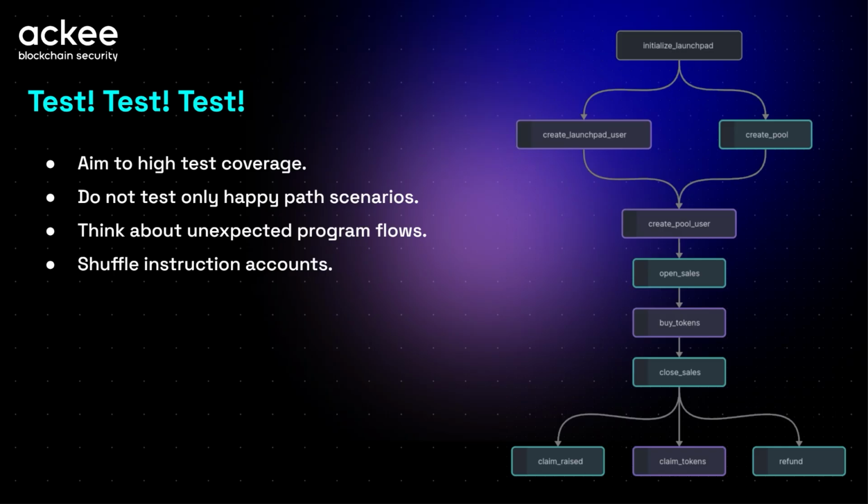So for example, we have here a simple ICO, initial coin offering, and some launchpad workflow. So the tests maybe cover this workflow, but they do not cover a case where the flow would be different.